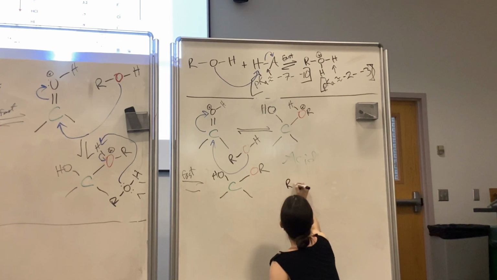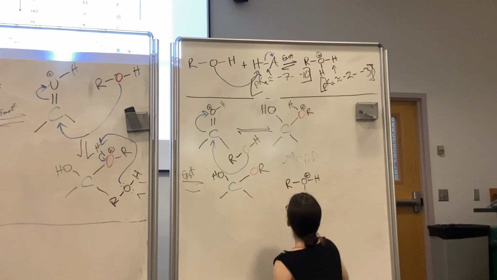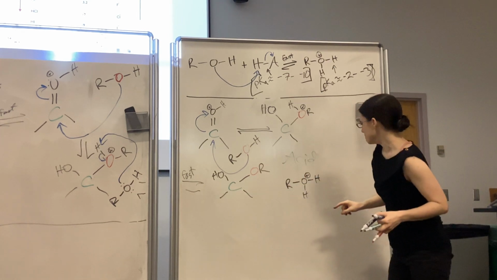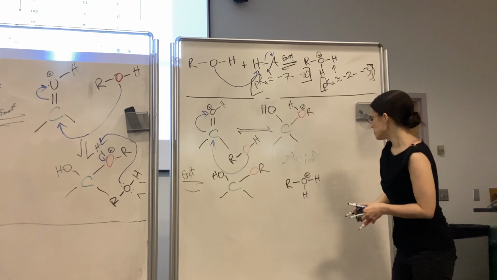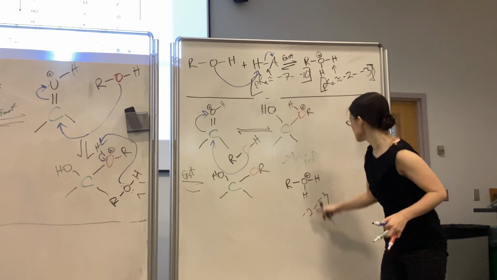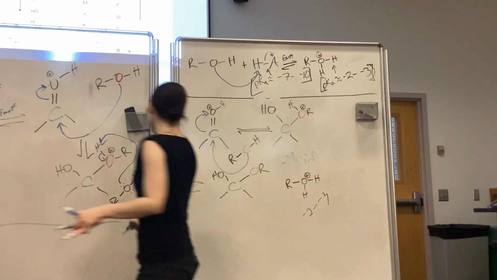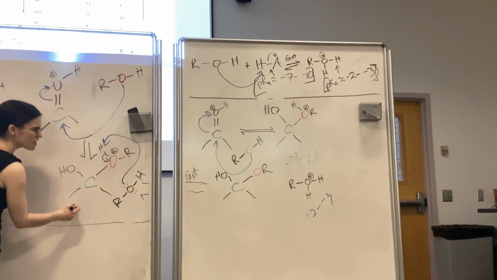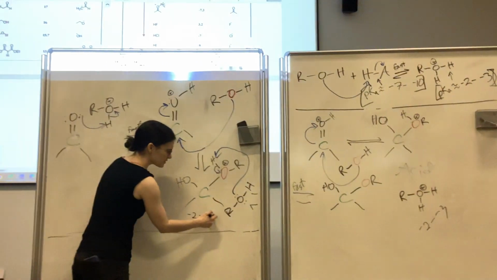And we're going to end up with some of the pKa of this is probably in the -2 to -3 range. The pKa of this is probably also in the -2 to -3 range.